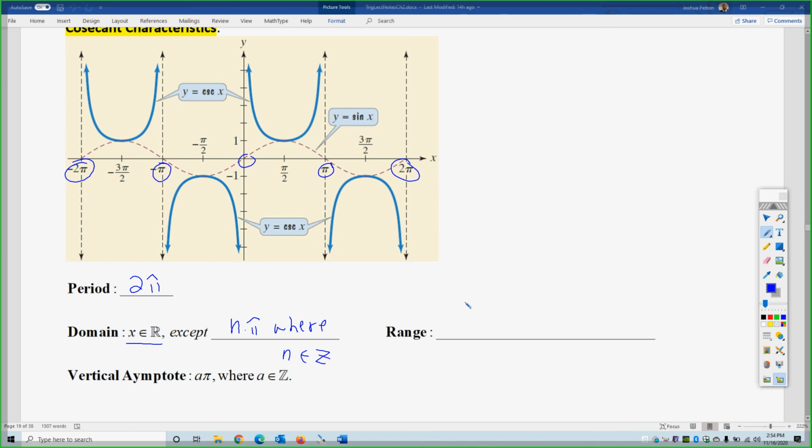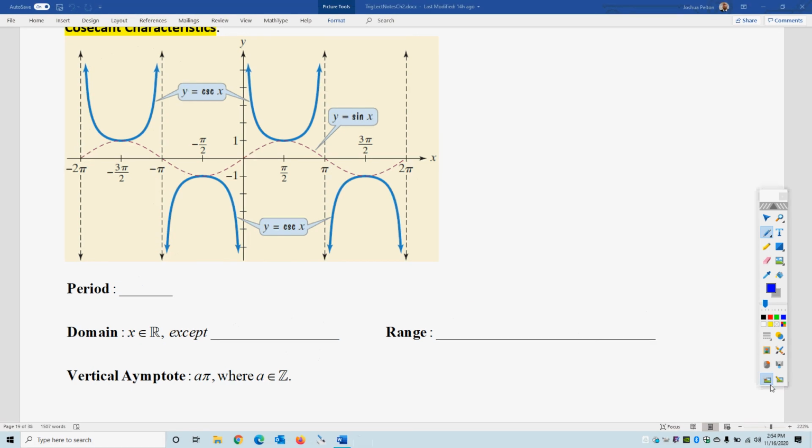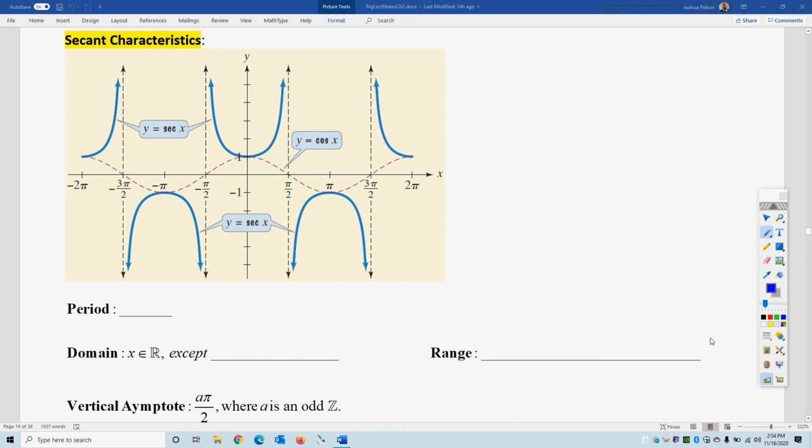So the range is negative infinity to negative 1, union positive 1 to infinity, because each one of these is 1 or higher, or negative 1 or less. For cosecant.